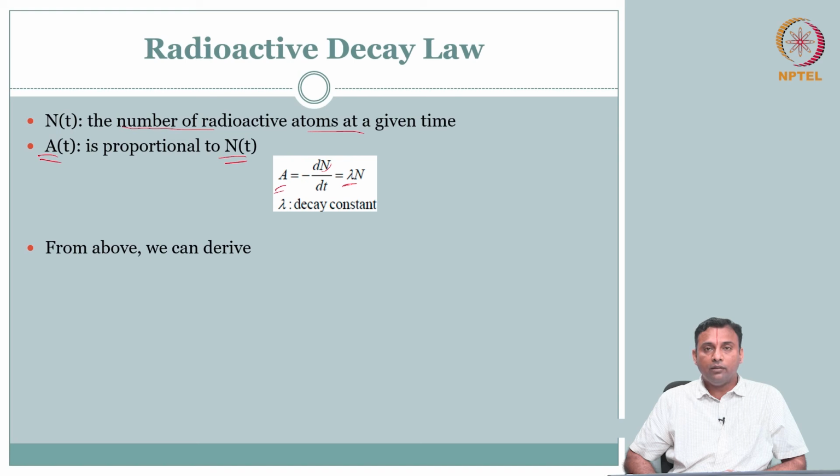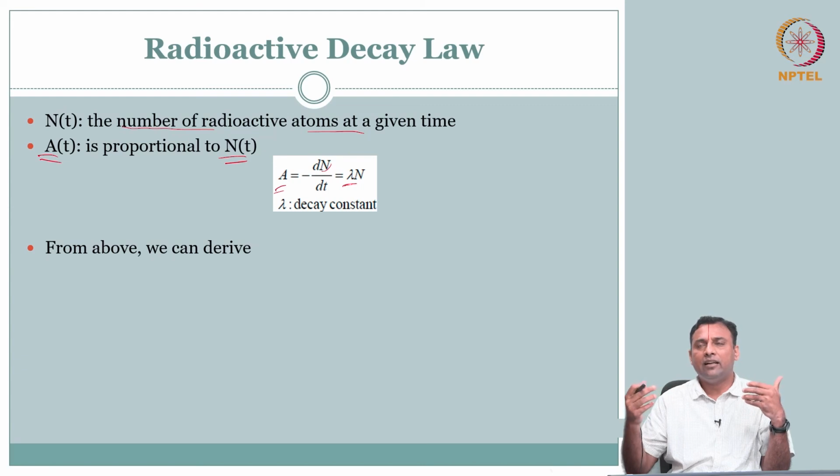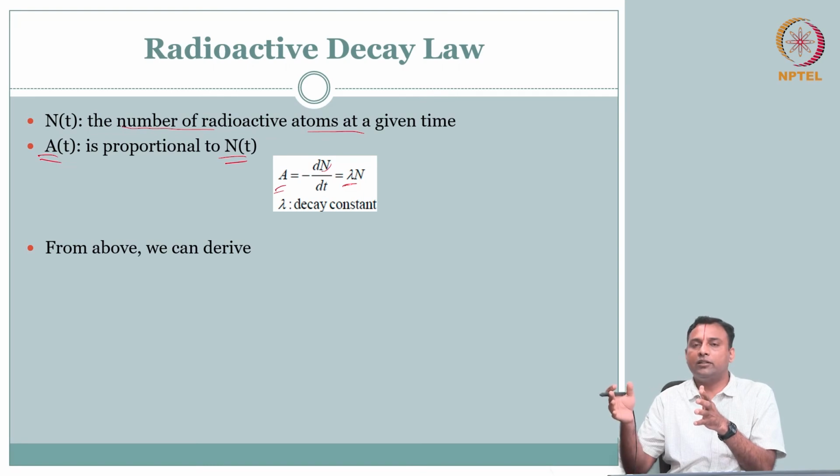So if this is the case, then we can quickly rewrite it. What are we looking at? When we did the X-rays, we were looking at how much we sent, how much came out after it crossed the material. Here we have a radioactivity and we have some time.